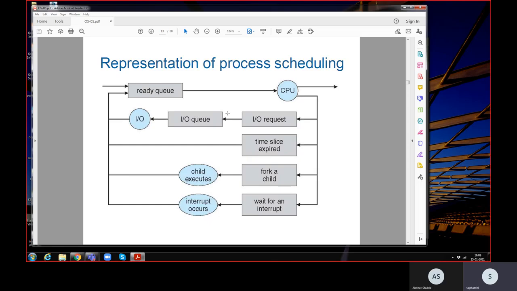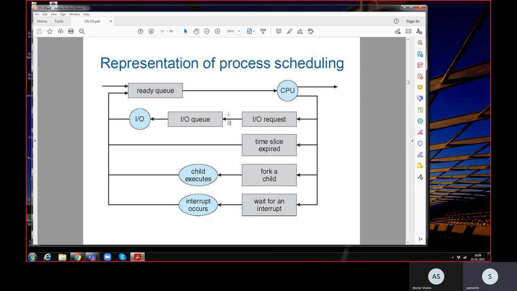So this picture also gives an equivalent way of representing how processes shift from one queue to another, or you might say how processes are scheduled, or how processes shift from one state to another. So we have essentially discussed the lifetime of a process using two different representations.